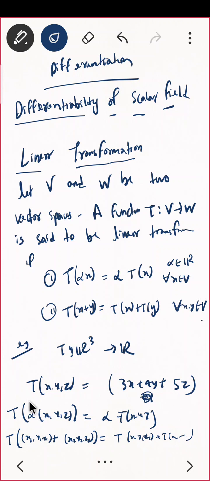If these two conditions are satisfied by this function, then we'll say this is a linear transformation. Similarly, if instead of R3 it is R2, then also it is not an issue. Correct? We are just recalling something. Okay, the first one is linear transformation.